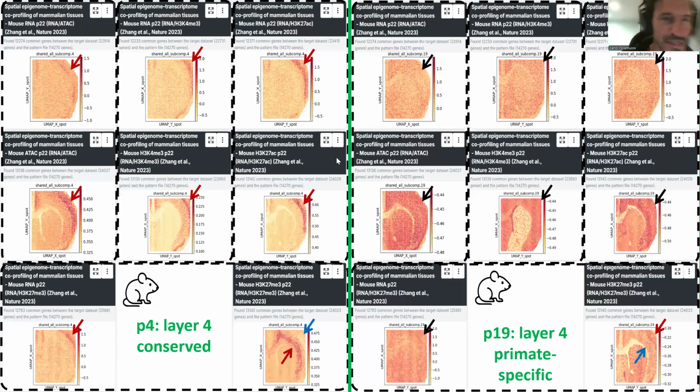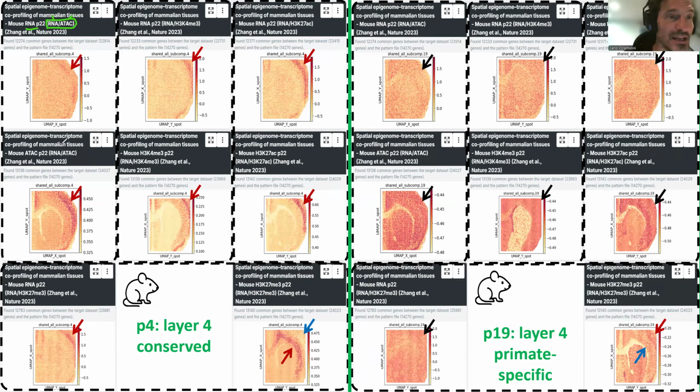So there's a lot of panels here. Let's take it slow. This is from Rong Fan's lab at Yale. Di Zhang is the first author. This is in adult mouse brain here. And each two pictures that are in a dotted line together are multi-omic data from the same slice. For instance, this was an RNA and ATAC experiment, so you're getting multimodal transcriptomics and epigenetics from the same slice.